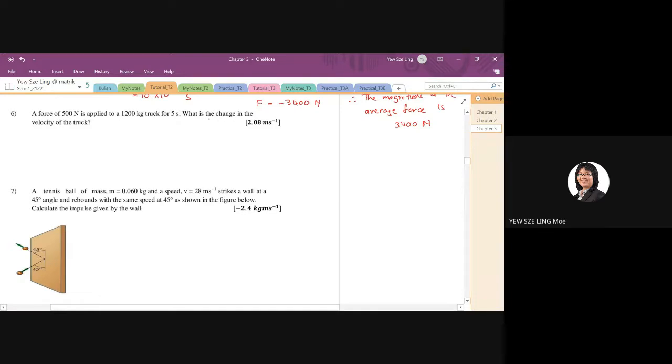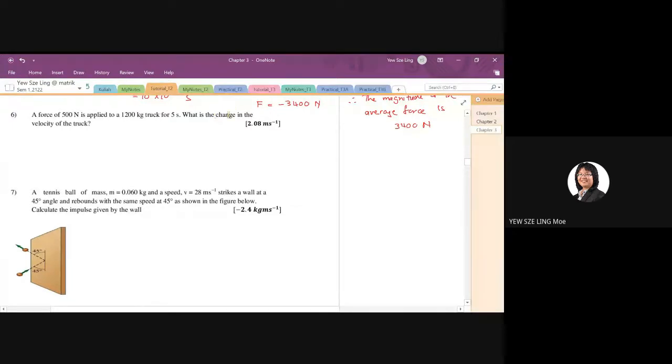What is the change in velocity? Now, if you look at this question, what is the thing that it wants? It wants a change in velocity. Now, what does it mean by change in velocity?